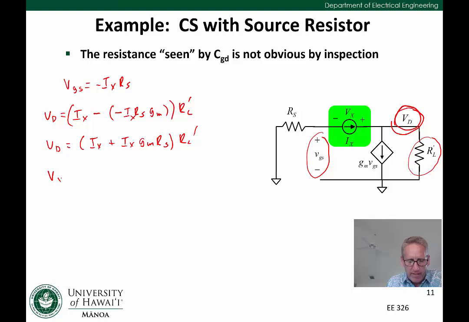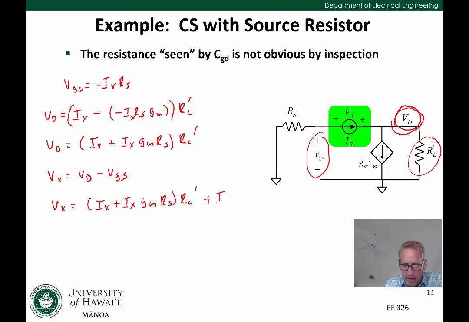I can say that Vx is equal to VD minus VGS, right? And therefore Vx is equal to Ix plus Ix gm Rs RL prime minus Ix Rs, so that would be plus Ix Rs.